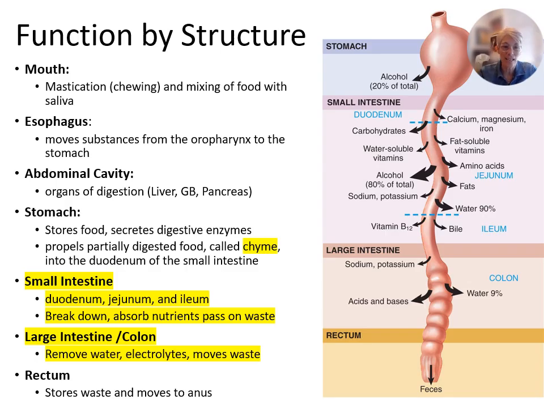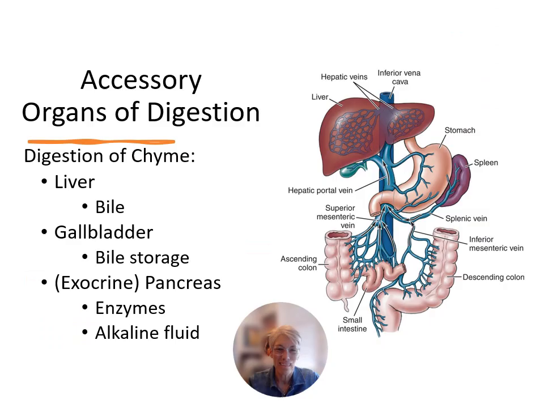All right, so we're going to keep moving. So part of our digestive system is these accessory organs. Our liver, gallbladder, and the exocrine pancreas all secrete substances necessary for digestion of the chyme.